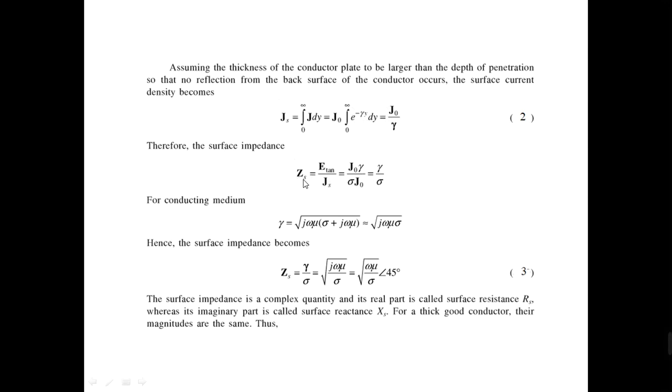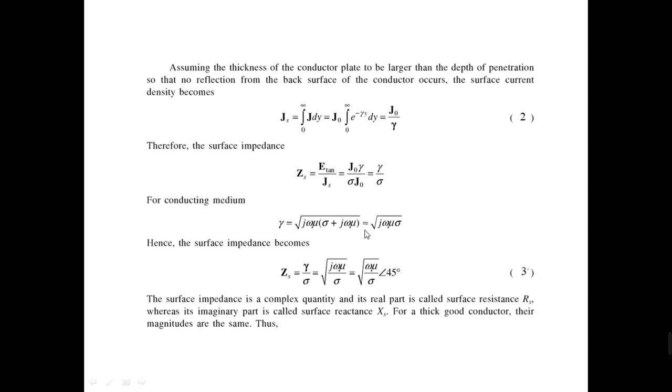Now substitute this surface current density in the surface impedance expression. You get surface impedance equal to gamma by sigma, where gamma is the propagation constant. For a general medium, gamma is equal to root of j omega mu into sigma plus j omega epsilon.